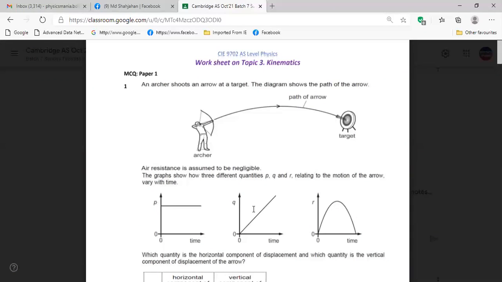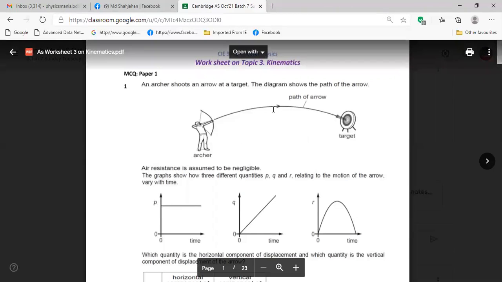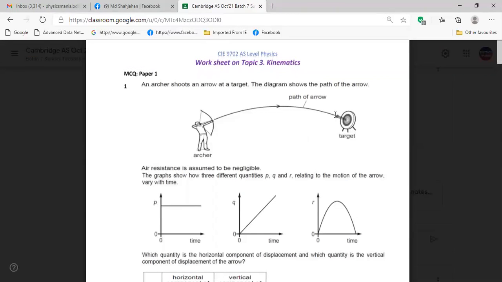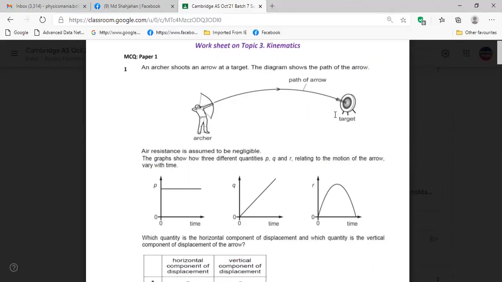Okay, so we have the archer throwing, right? Path of arrow, and we need to think about the second projectile motion we got, right?